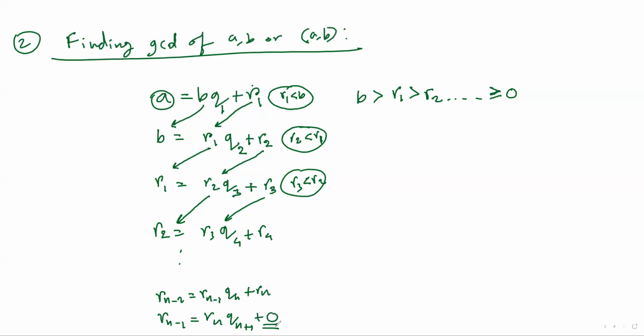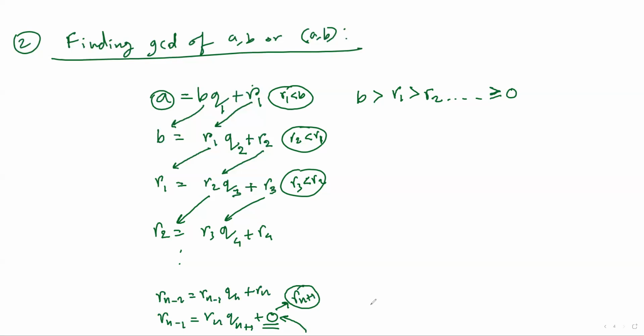I have not mentioned any specific n, so this is a generalized situation. For some particular value of n, you are eventually going to get a 0. Let us write Rn plus 1 here, so that Rn plus 1 is 0 after the nth step.